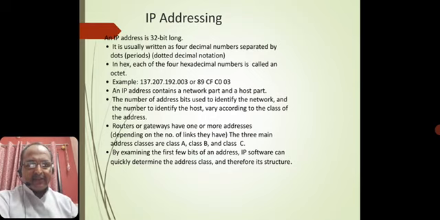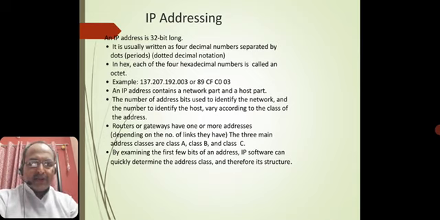What does it mean here? 137 is the identification of a network, 207 is the addressing of a particular system ID, 192 is the address location, and 003 is the respective machine code dedicated to the address of the system.